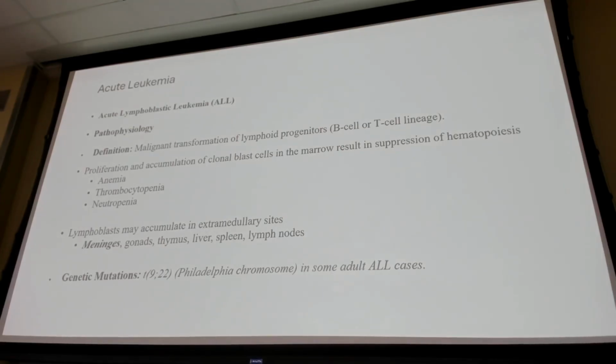Again, same kind of pathophys as the AML, except now it's being caused by the lymphoid cell line. It's the lymphoblast. But if this lymphoblast proliferates inside the bone marrow and starts to crowd everything else out, I start producing fewer RBCs, I become anemic. Fewer platelets, I get thrombocytopenia. I'm not producing my neutrophils, I become neutropenic, which sets me up for recurrent infections.